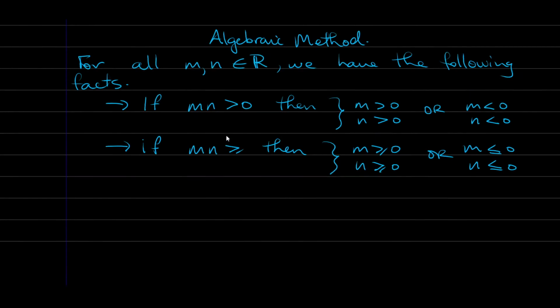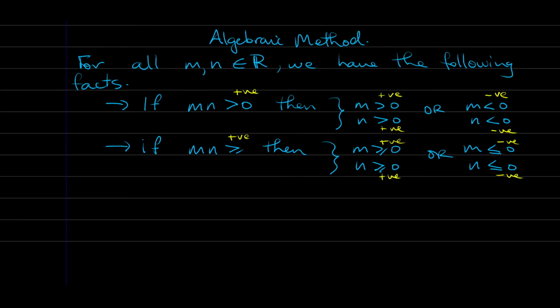Again, I'm just going to repeat: that just means that if this gives me a positive result, then this must be positive and this must be positive, or this must be negative and this must be negative. So that's the situation that I will get positive in. Okay, same thing follows for here. If I'm going to get a positive or equal to 0, then this here must be positive or equal to 0, and this here must be positive or equal to 0, or both negative or equal to 0.